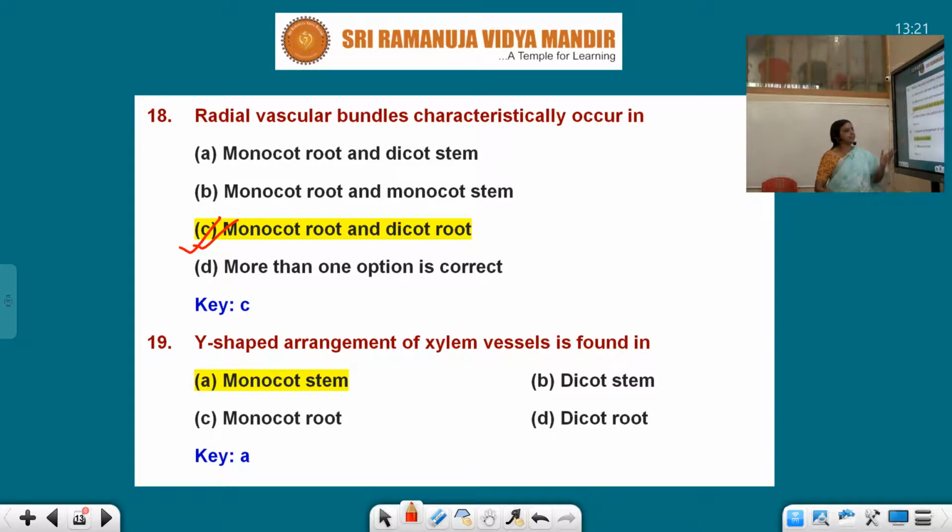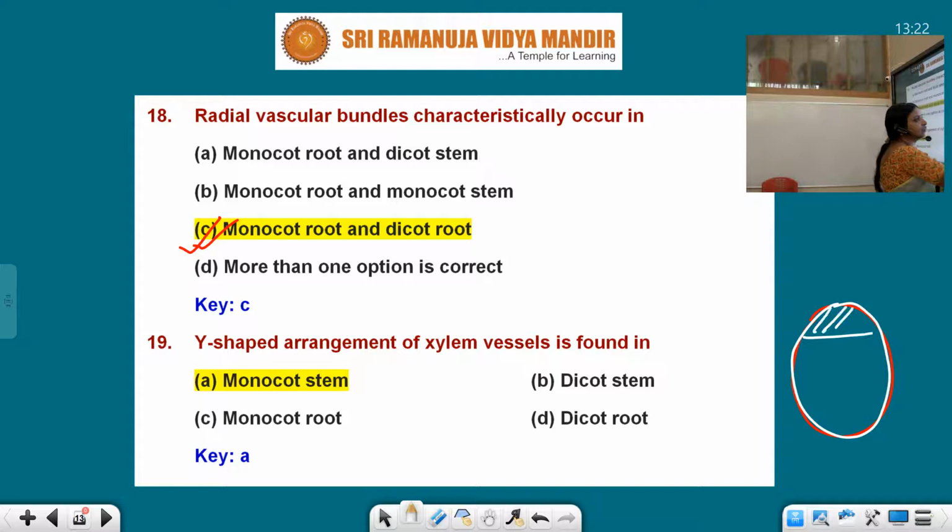Y-shaped arrangement of xylem vessel is found. Y-shaped or V-shaped. Protoxylem is forming a lacuna-like structure. Y-shaped means this is monocot stem. It is seen in monocot stem. See the vascular bundle.